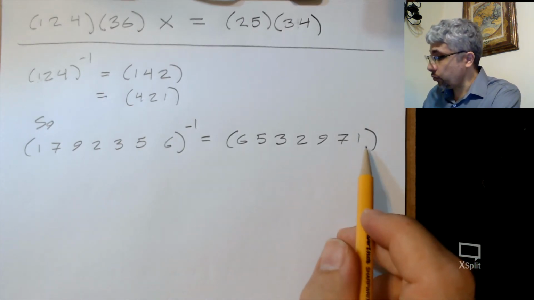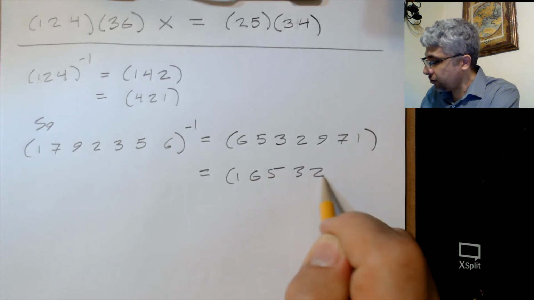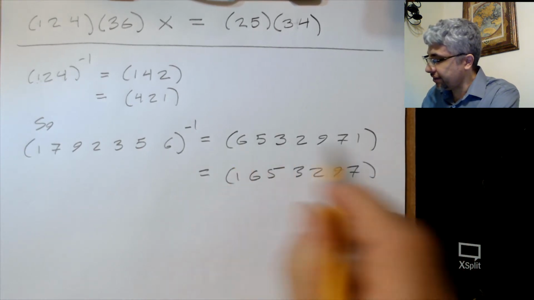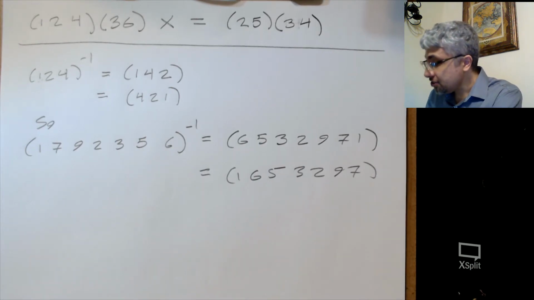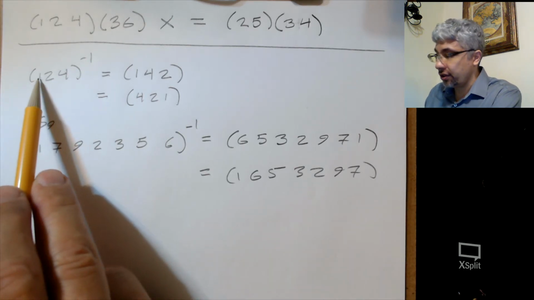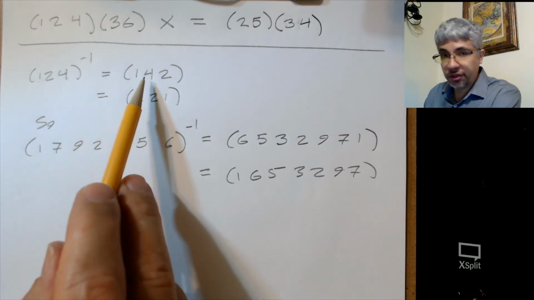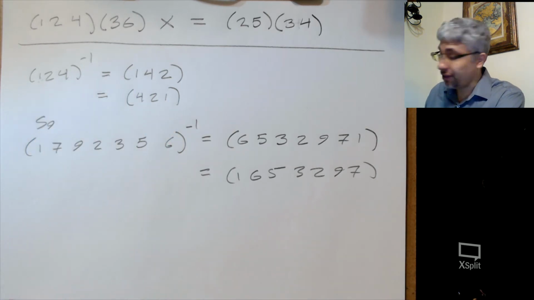And if you want to write the 1 in the front, well, this happens to be equal to (1 6 5 3 2 9 7), because the 1 goes to 6, and all the others go the way that you can see that they go from that cycle. So the inverse of any single cycle, you can either start in the beginning and then start moving left in order to find it out, or you could just reverse all the numbers very fast.